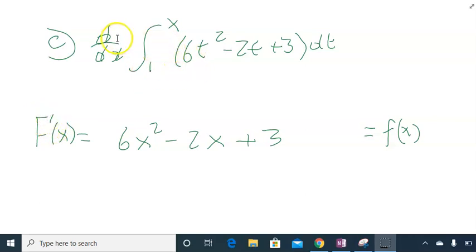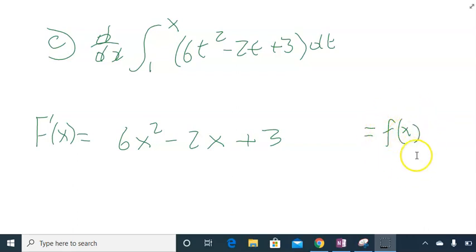This becomes your uppercase F prime of x, the derivative of the antiderivative, which equals 6x squared minus 2x plus 3. And that is your lowercase f of x.